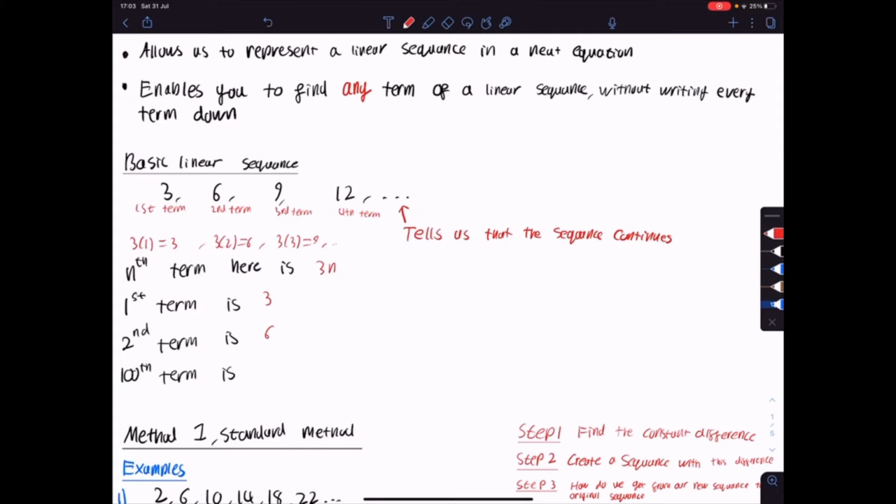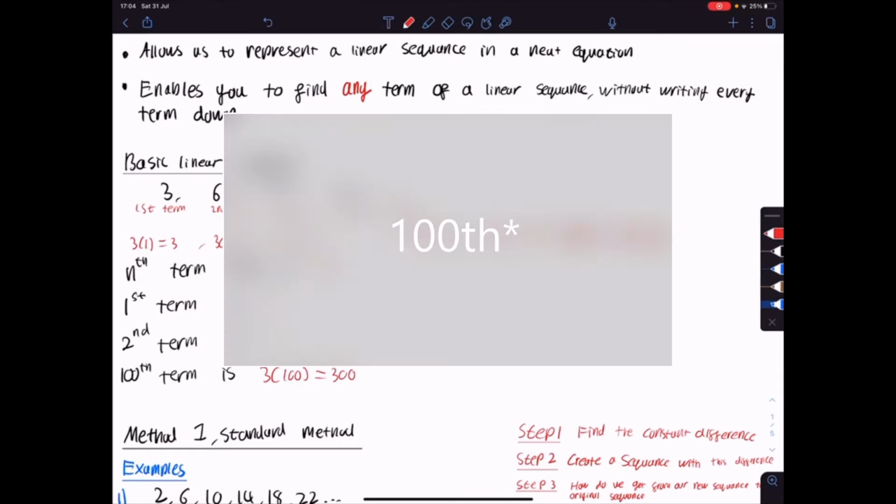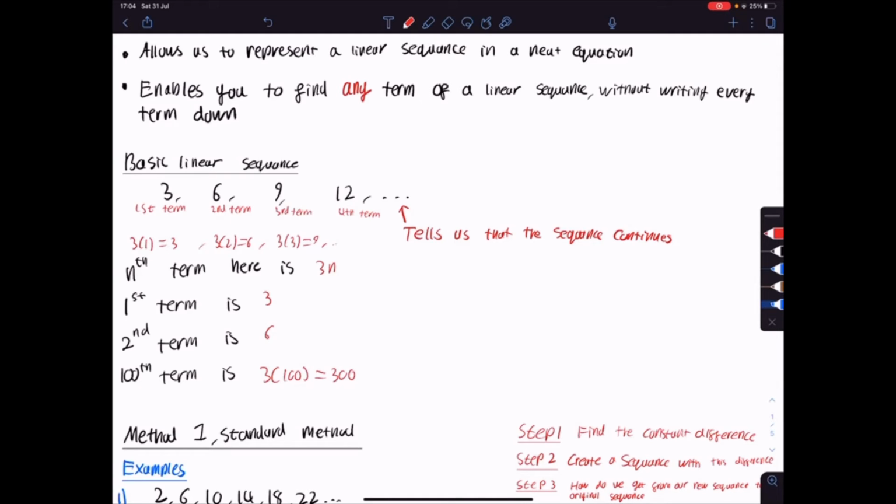So our 100th term, using our nth term, we would just substitute in n equals 100, which gives us 3 times 100, which equals 300. So we just calculated our 100th term in seconds without having to write down 100 different terms, which is why this technique is so powerful.